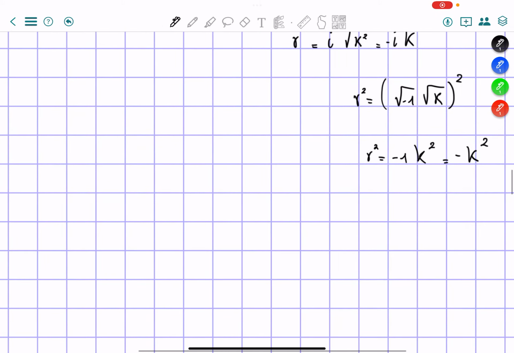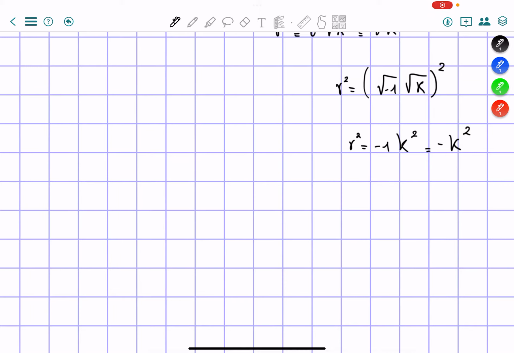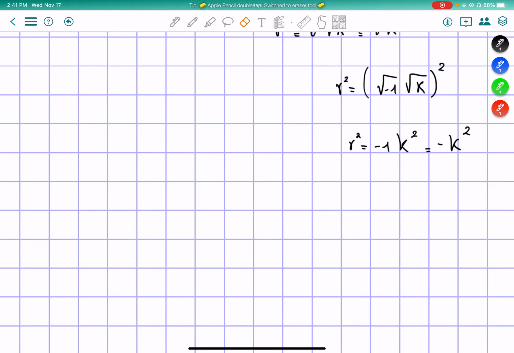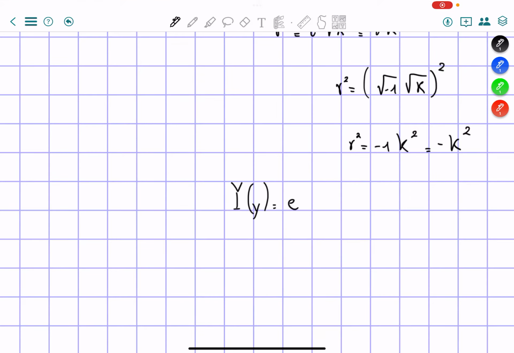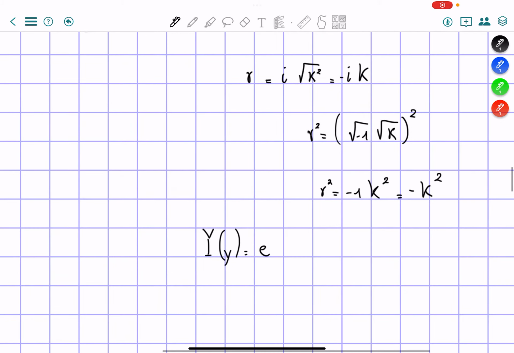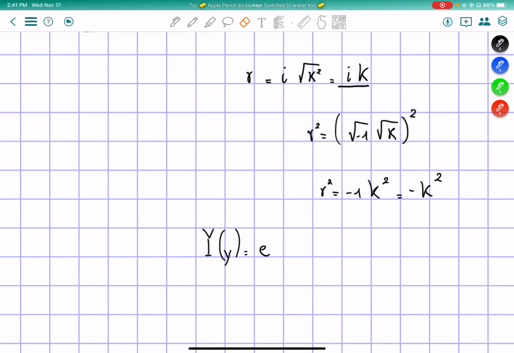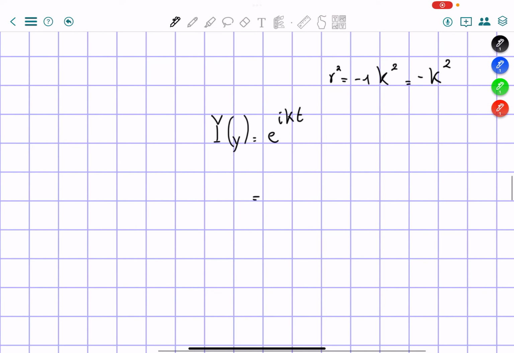The second one instead, we only have one solution. So it's going to be y, capital Y, sorry, in terms of y, is equal to e to the power of, as you said, our solution was positive ik, so ikt, which can be written as a sine and cosine function.